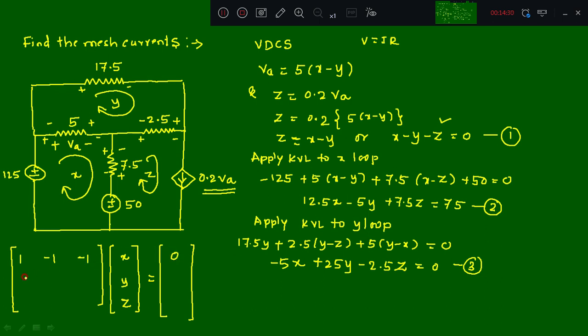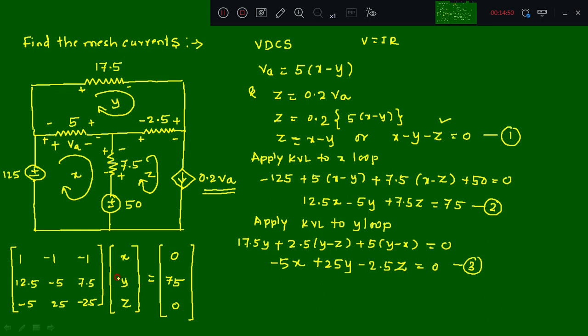Equation number 2: 12.5, minus 5, 7.5, and it's 75. Right. Next, the last equation: minus 5, 25, minus 2.5, z is equal to 0.